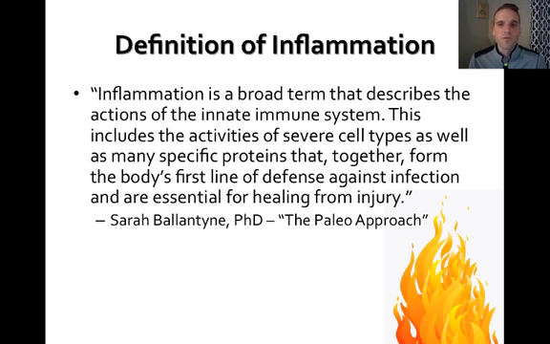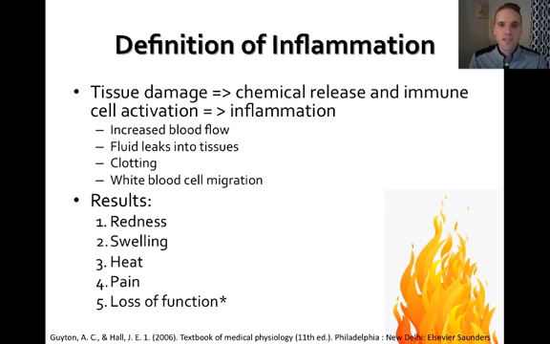Just a little review from the first video again, Dr. Sarah Ballantyne and the paleo approach, just describing inflammation, and we'll see some of these cell types that are going to be involved in this process of inflammation, as well as the proteins that are going to help provide a first line of defense against infection and injury.